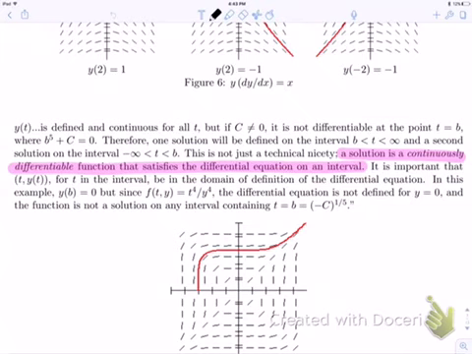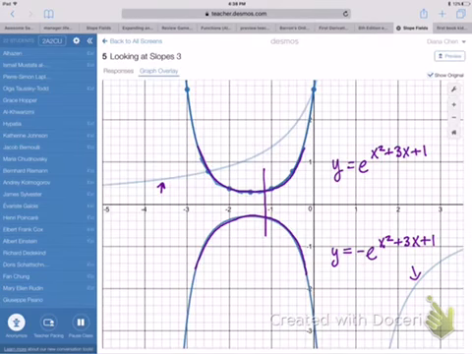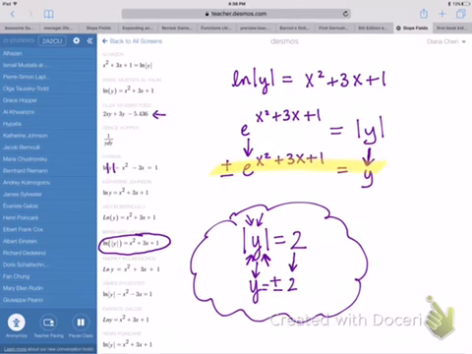He's quoting a textbook in which they say that a solution is a continuously differentiable function that satisfies the differential equation on an interval. So what we have here is not a function, because when we graph it, like we mentioned, it doesn't pass the vertical line test. However, if we remove one of those two branches, we do have a function.